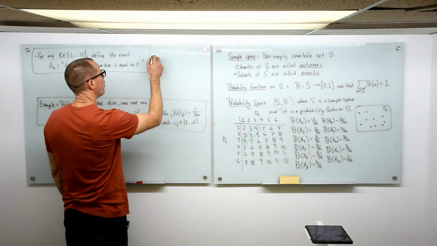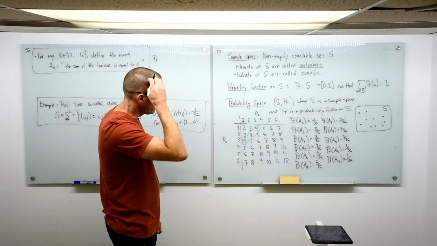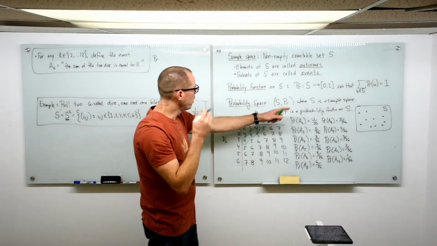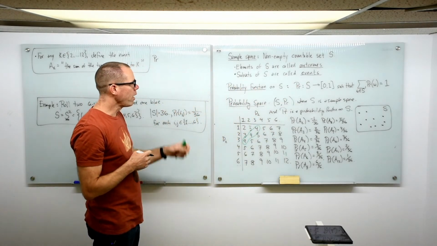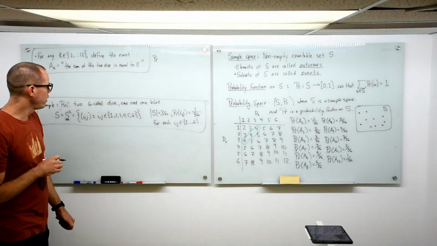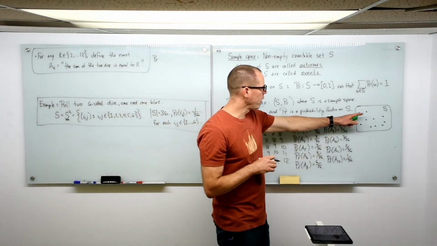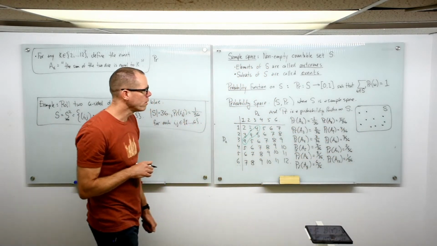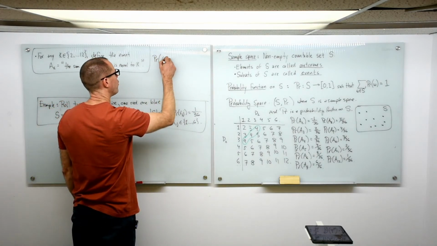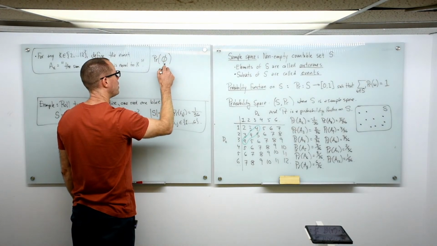First, one question you might ask is, well, events are sets, and the probability of an event is the sum of the individual probabilities of the outcomes in that event, so the elements of that set, then what's the probability of the empty set, right? So this is the empty event.